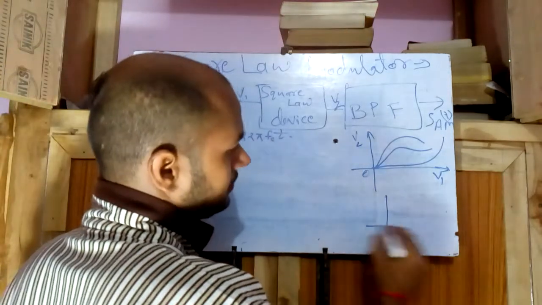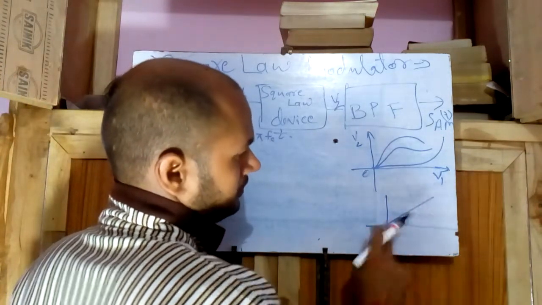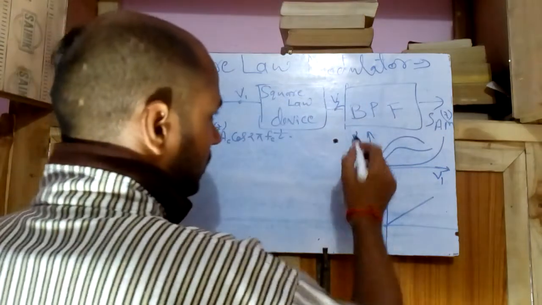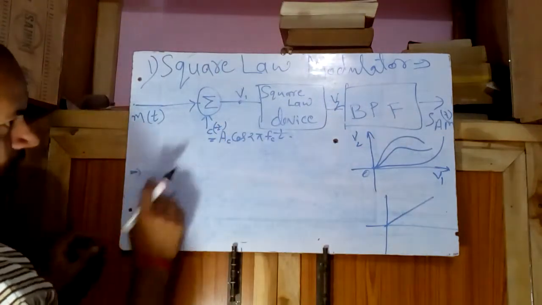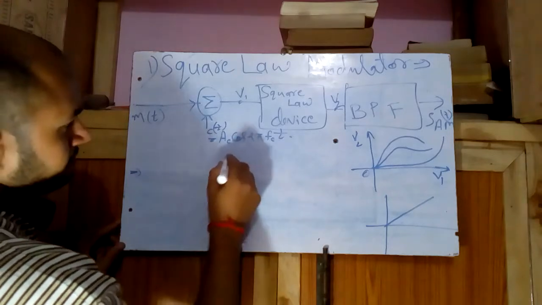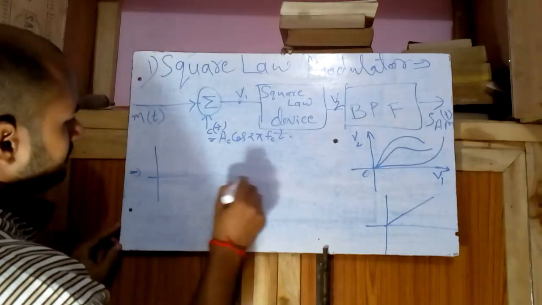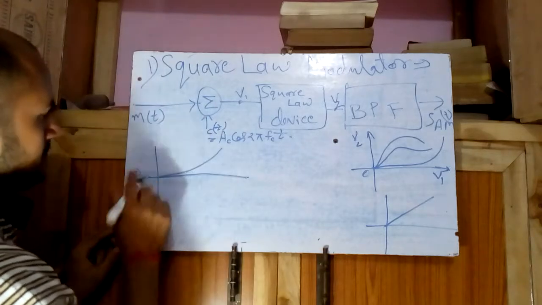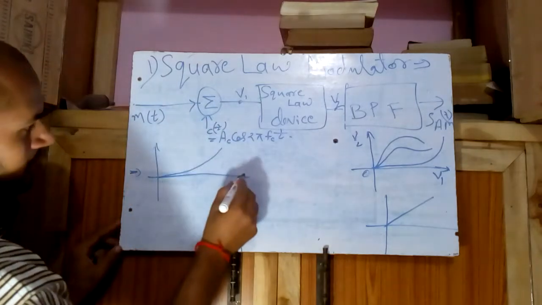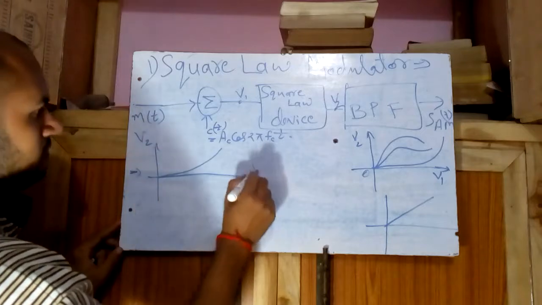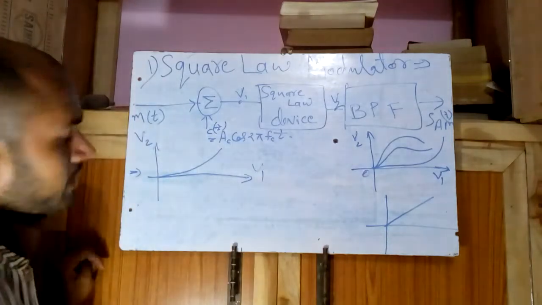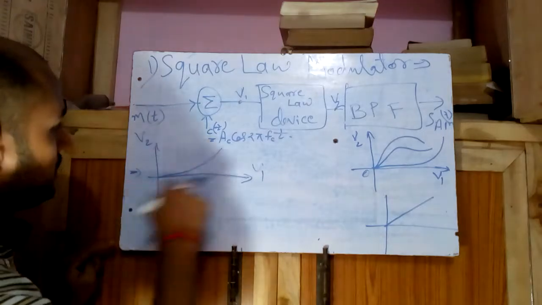And the linear is this. This is a linear property. So which is useful for us? We will use the non-linear characteristic that has square law behavior. This is the square law characteristic, right?